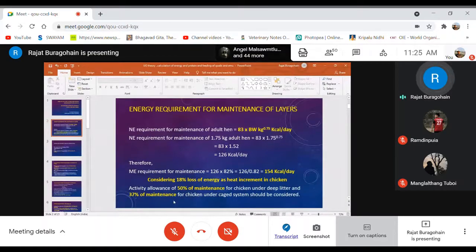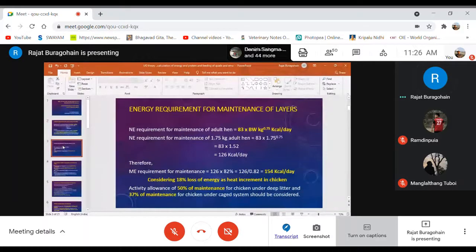That means the total will be 154 kilocalorie plus 50% of 154. That will be the maintenance requirement of energy in terms of metabolizable energy for a layer under the deep litter system of management. Clear?